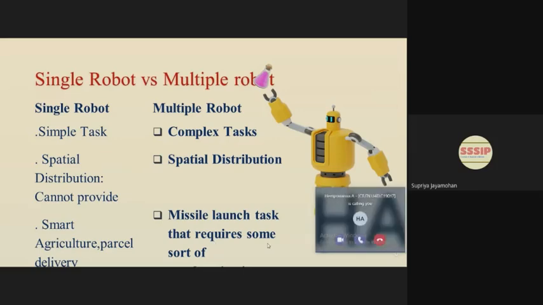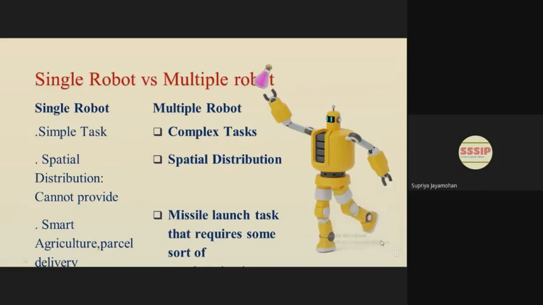So if we need two keys to be activated, we would like to use multiple robots which would activate the keys separated by some spatial distance. For such spatial distance applications, we would like to go in for multiple robots.